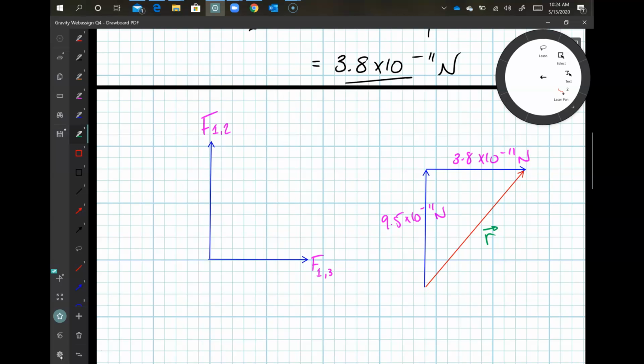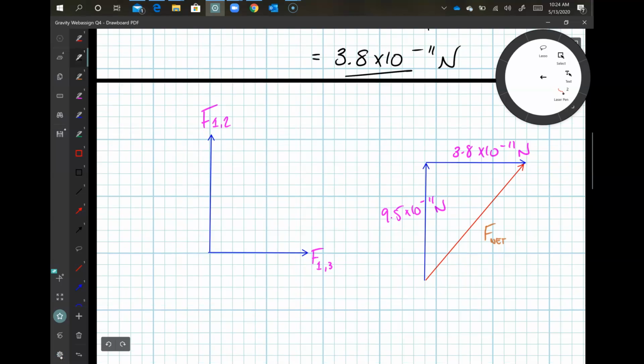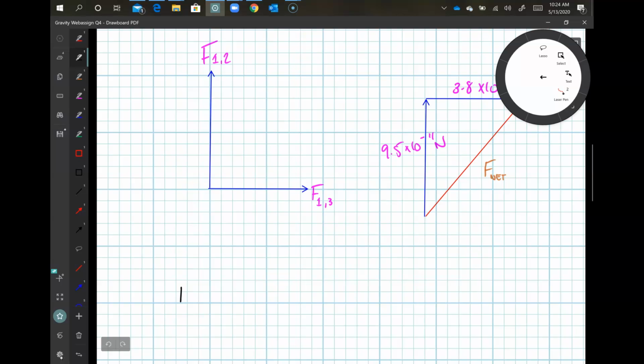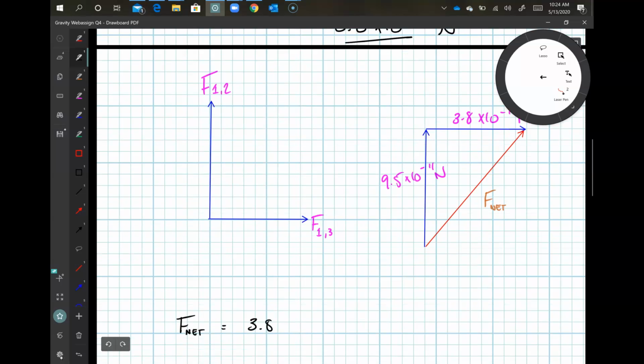Let's not call it R because that will confuse things. R is usually used in vectors for the resultant, but let's call this F net. So how do we find the net force acting on that? Well, it's a right angle triangle. We all know how to do this. So the net force is going to be the square root of the sum of the squares. So 3.8 times 10 to the negative 11 squared.